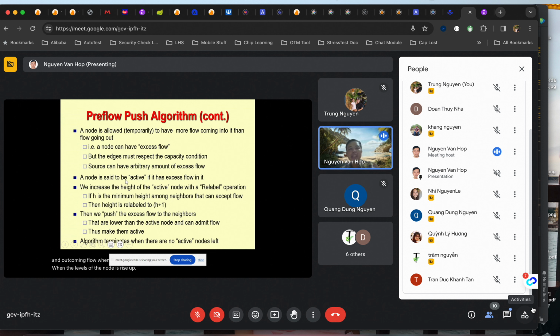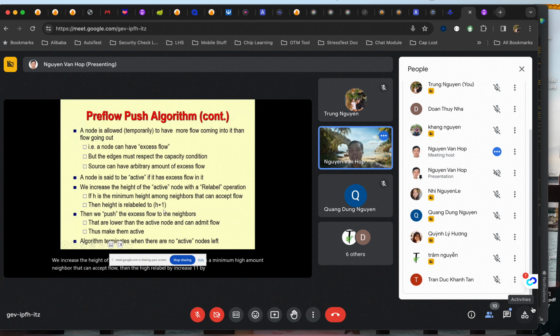A node is said to be active if it has excess flow. It means that if the node has excess flow, it is not balanced. In that case, we call that node active. We increase the height of the active node with the relabel operation: if h is the minimum height among neighbors that can accept flow, then the height is relabeled by increasing it by one.